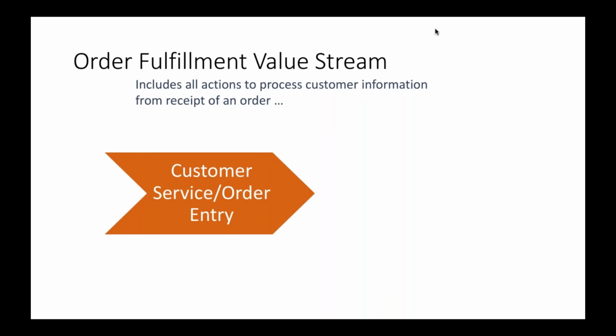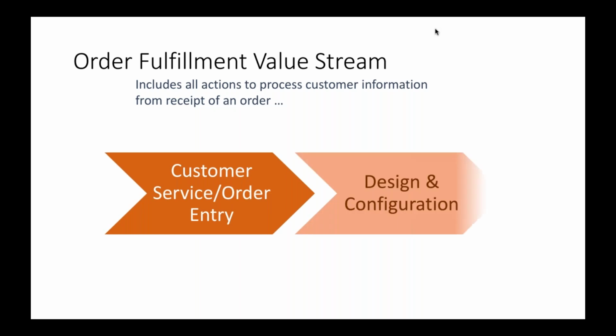So that means, when does the order arrive? That is the beginning of the value stream. Before an order even gets into production, if it's manufacturing, or operations, if it's non-manufacturing, there might be some design work, there might be some configuration work. All of those functions are part of a value stream.